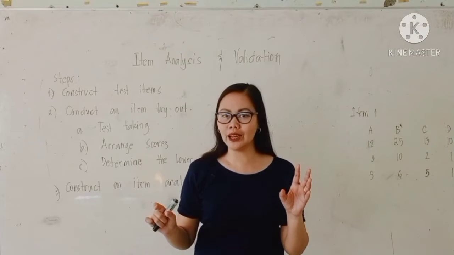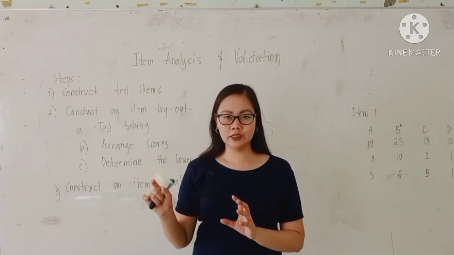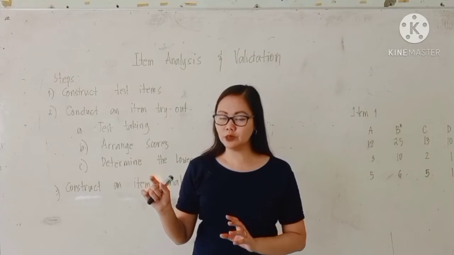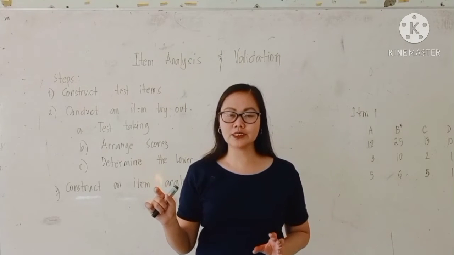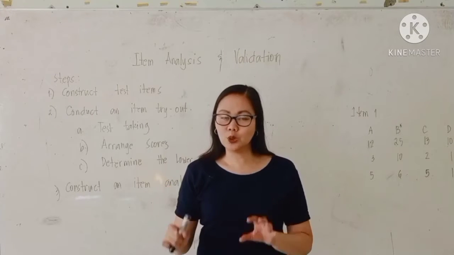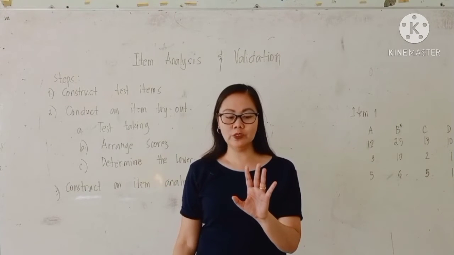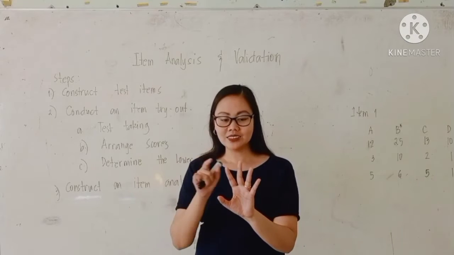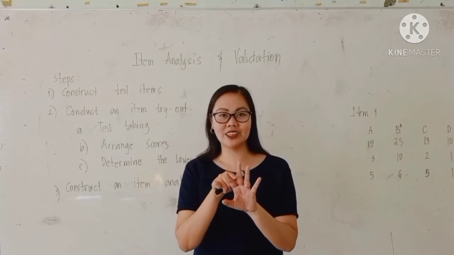Why do you have to do that? Because when you conduct an item tryout and you have computed for the difficulty and discrimination index, some of your items will be discarded. So kung 5 lang talaga ang kinonstruct mo, na-discard yung 2, 3 na lang yung natitira mong test item.